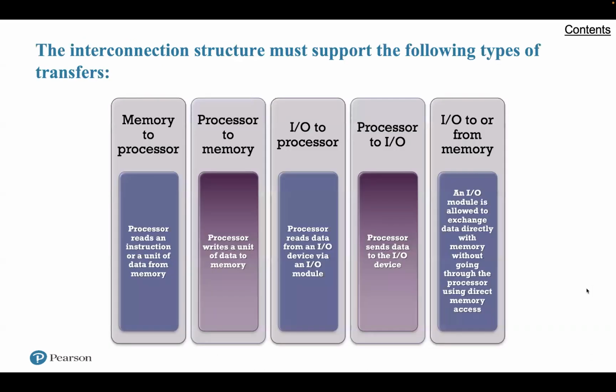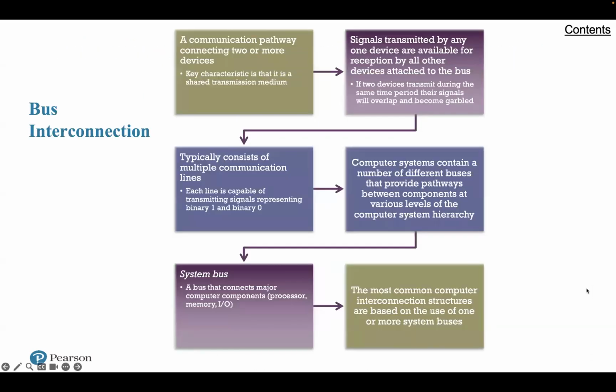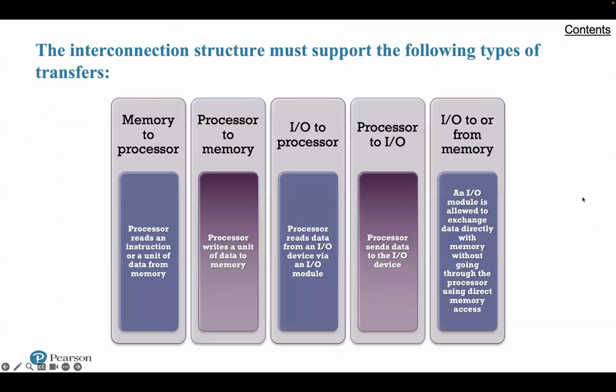Okay, continuing on. The interconnection structure must support the following types of transfers. We have the memory to processor: the processor reads an instruction or unit of data from memory. We have the processor to memory: the processor writes a unit of data to the memory. We have the I/O to processor: the processor reads data from an I/O device via an I/O module.